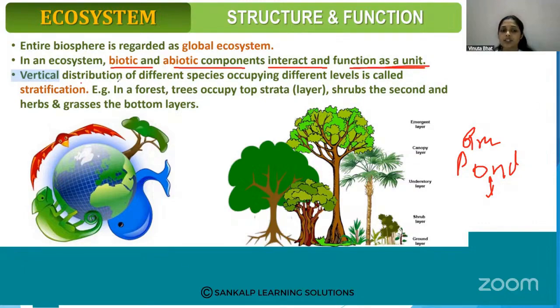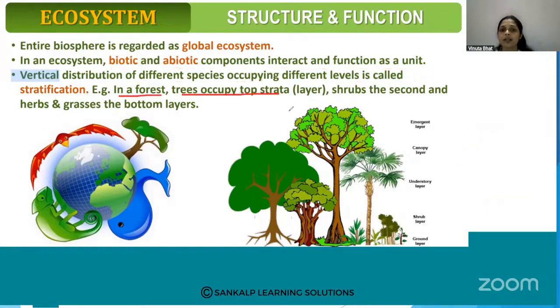The vertical distribution of different species occupying different levels is called stratification. So what is stratification here? For example, in a forest, trees occupy the top strata, means the top layer, shrubs the second layer, and the herbs and grasses the bottom layer.